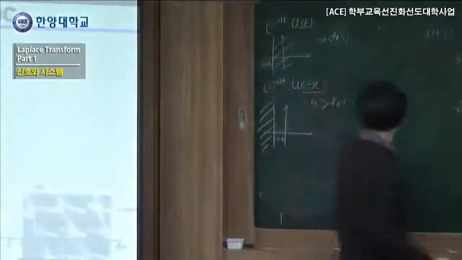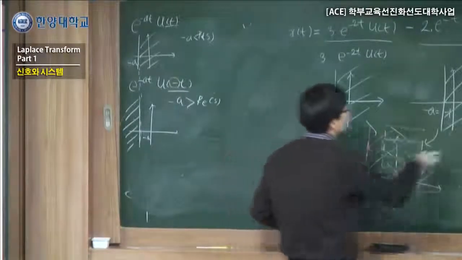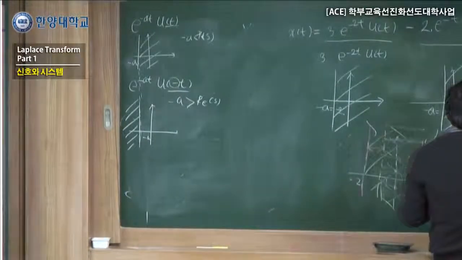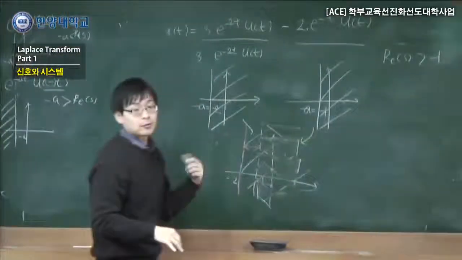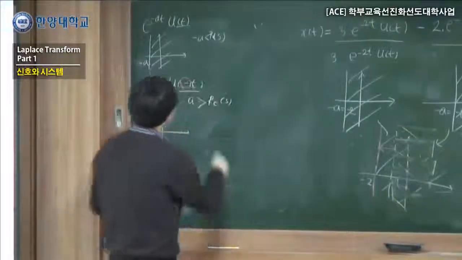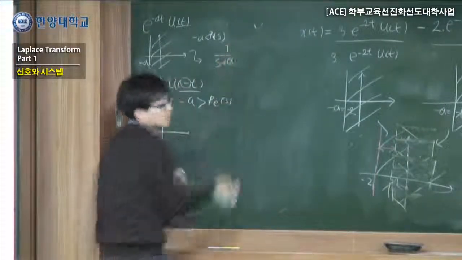Okay? So the region of convergence now is, intuitively, larger than minus 1. That's what you can see over here. And what was the result of this? The result was as this in this example.